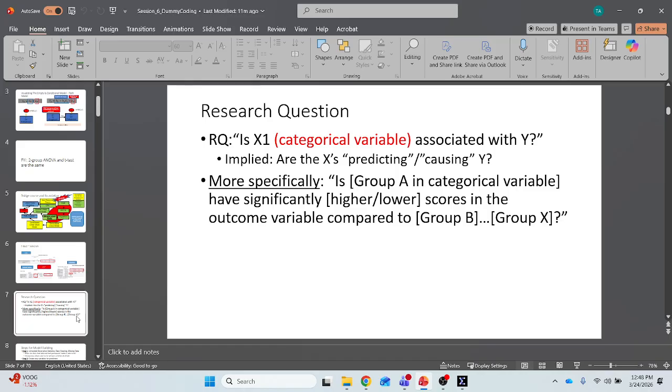Remember when I told you it has to be, is this higher or this lower? Does that make sense? Your categorical hypothesis is how you should frame it. That's how you would write it, right? So when you're writing your research questions and your hypotheses, yes, it's an association. Yes, we are predicting, but the terminology is we expect males to have significantly higher mean scores compared to females, right? Okay, questions with this?